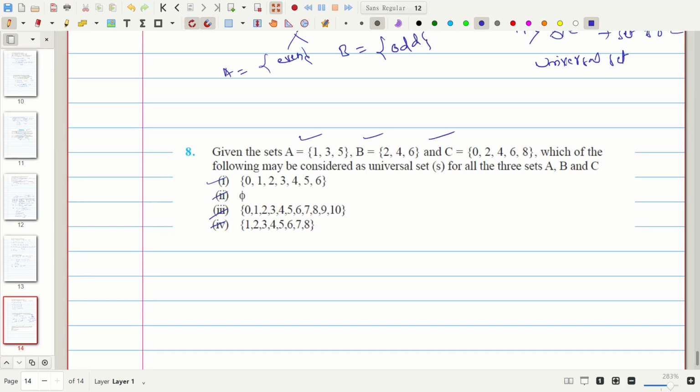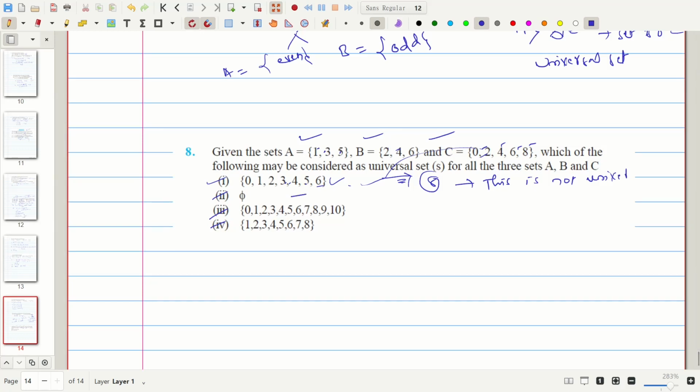So these three are there here. 1 is here, 2, 3 is here, 5 is here, 2 is here, 4 is here, 0 is here, 0 is there here, and 2 is also here in this set. 4, 6 is there, but 8 is not there here. So 8 is not there. We can write this is not a universal set.